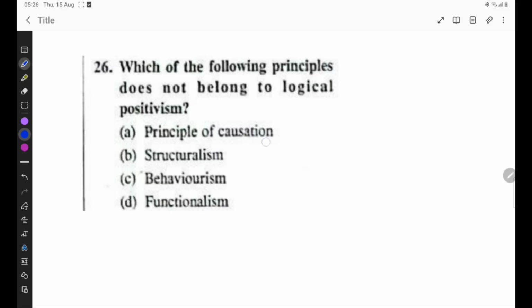Principle of causation falls under positivism. Structuralism also falls under positivism. Behavioralism does not fall under positivism, and functionalism is also in sync with positivism. So the answer is option C.